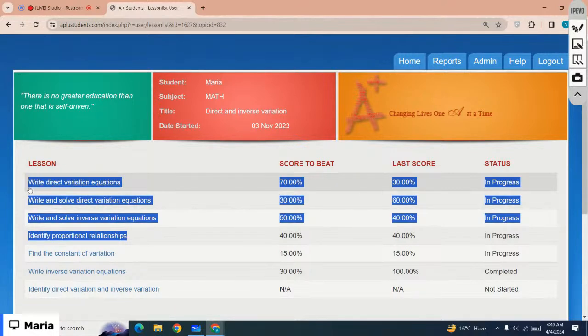The lessons we have covered today are write direct variation equations, write and solve direct variation equations, write and solve inverse variation equations, and identify proportional relationships, right? So please make sure before the next session you complete all the practice questions for the lessons we did today. That is your homework until the next session.